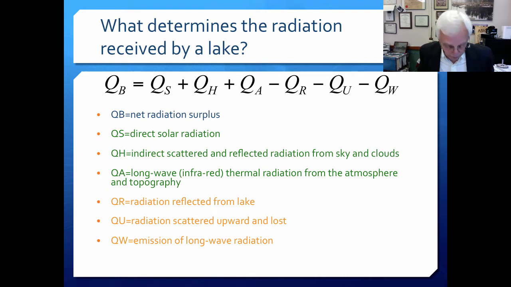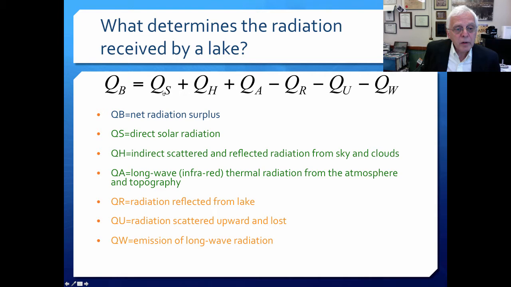Now, this is a question that is often missed on exams, and one that you should pay some close attention to. If we ask ourselves what determines the radiation received by a lake, we already know that direct solar radiation is affected by what goes on in the atmosphere.